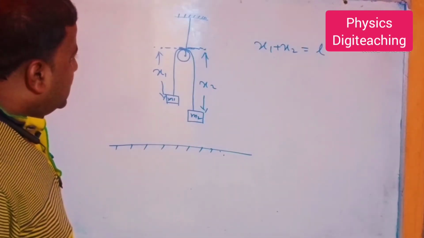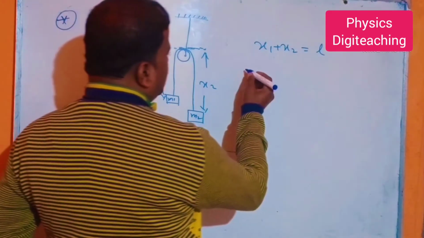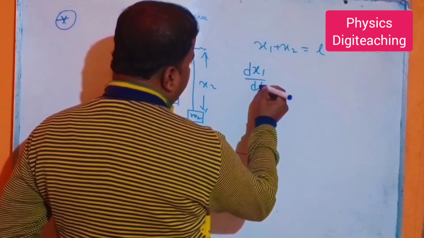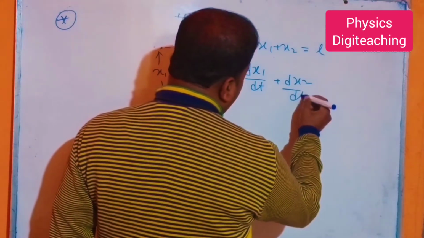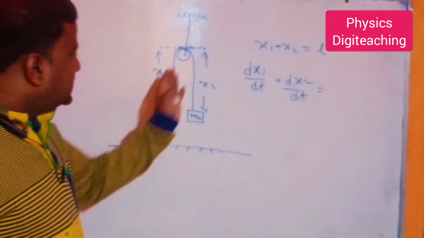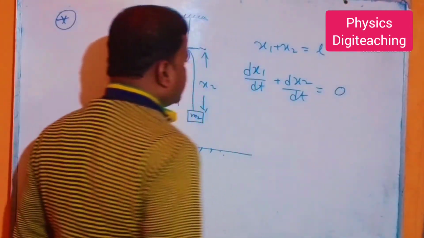Now if we differentiate this equation with respect to t, then we get dx1 by dt plus dx2 by dt equals dL by dt. Here, as L is constant, this is 0.